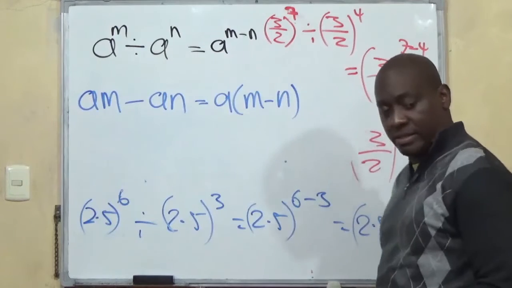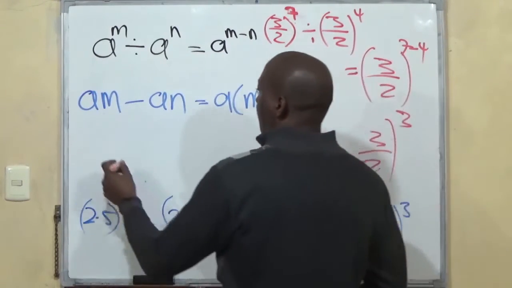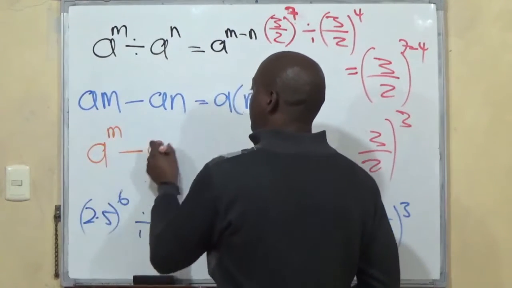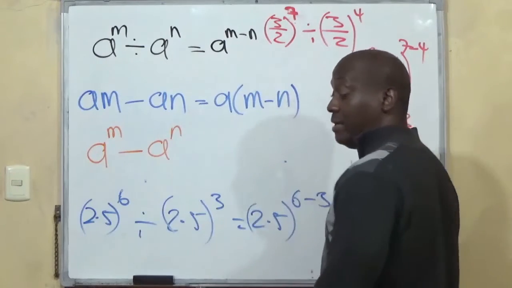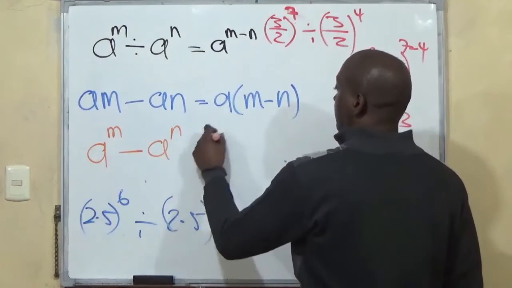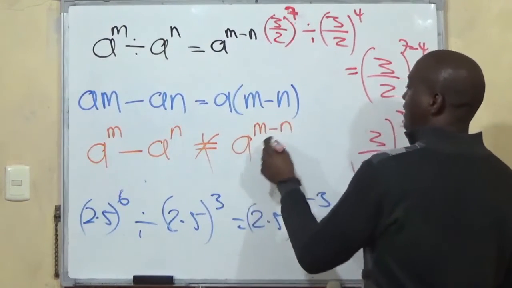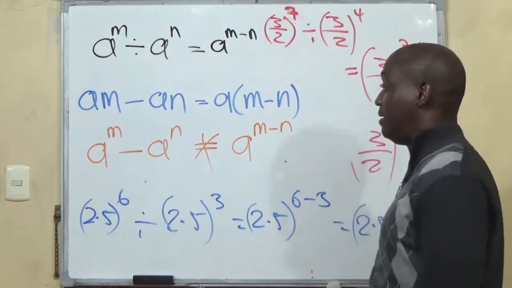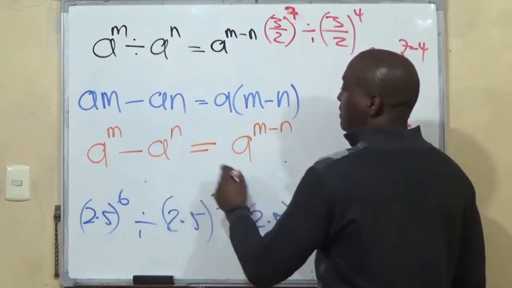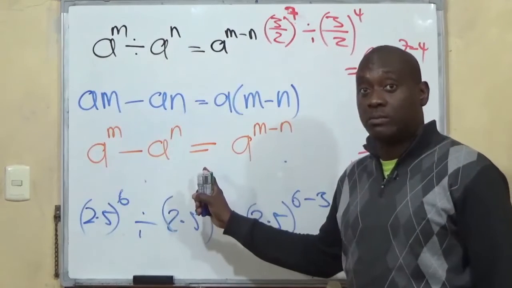And similarly, if we have a to the power of m minus a to the power of n, the answer is not a to the power of m minus n. That is not. So if people choose to do this anywhere, then you're certain that it is wrong.